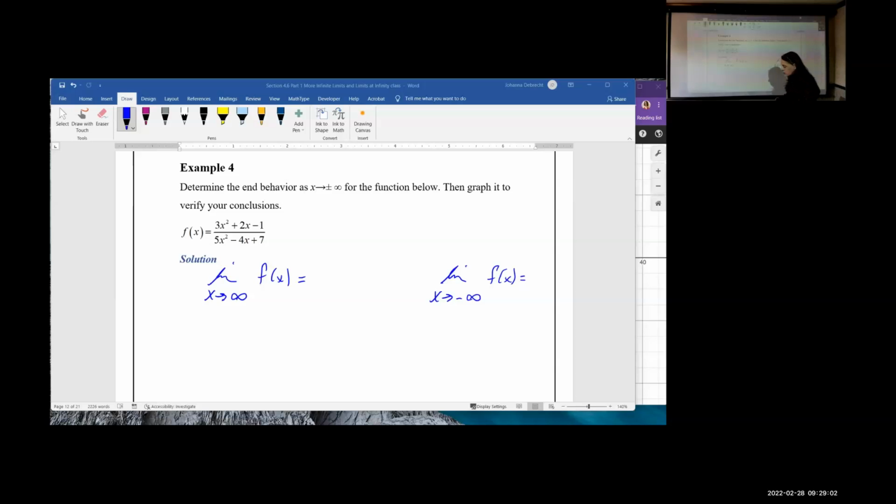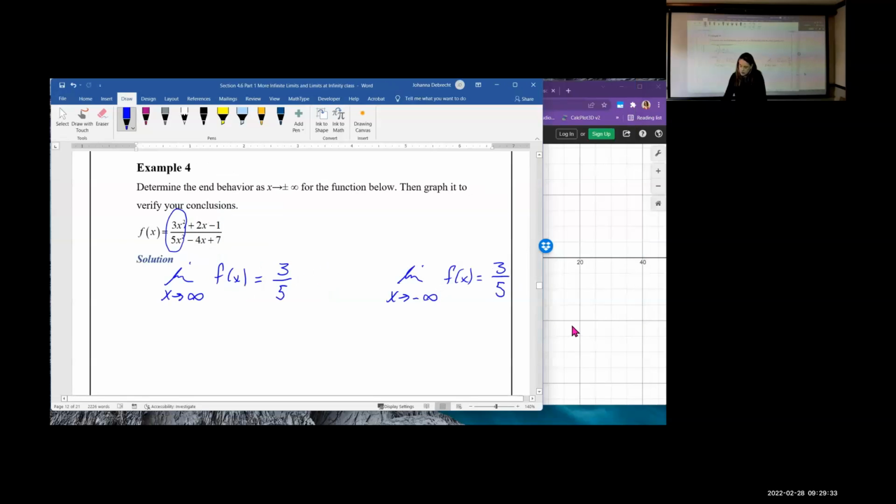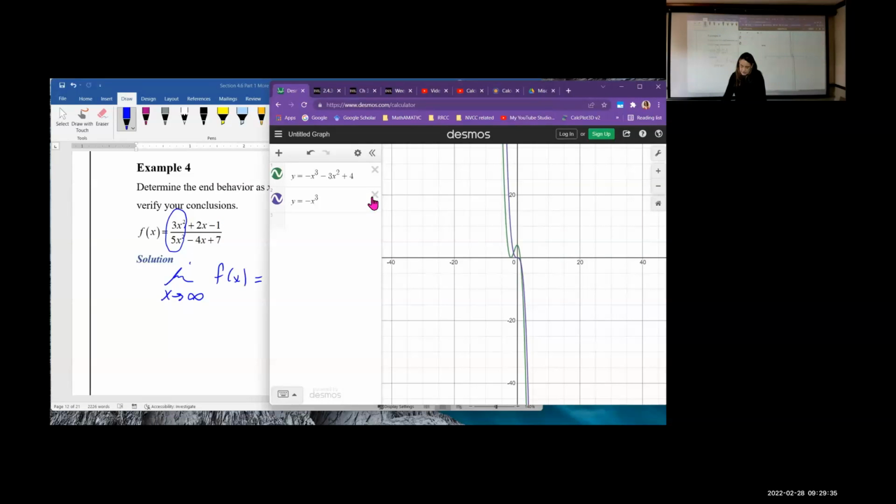So we get a horizontal asymptote at y equals 3/5 because our highest degree term is 3x squared in the numerator and 5x squared in the denominator. So it approaches the ratio of those two, and those reduce to 3/5, which means that the limit on the far left is the same, which means that this particular rational function must have a horizontal asymptote on the far left and the far right of 3/5.